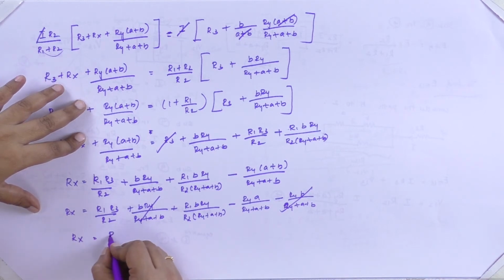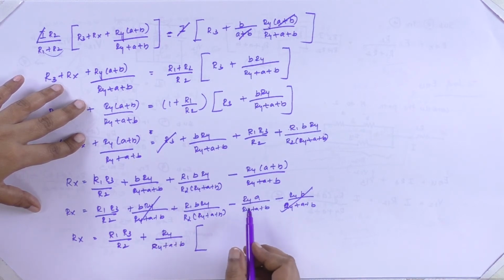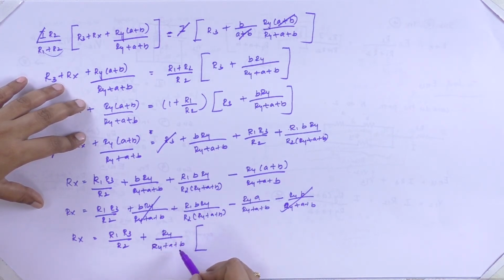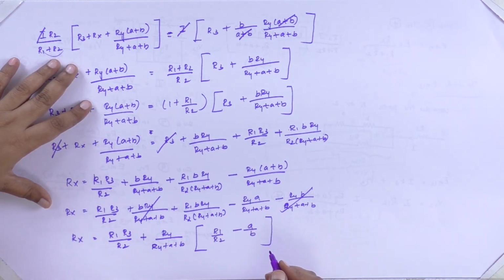By taking the common terms out, Rx is equal to R1 R3 by R2 plus Ry divided by Ry plus A plus B, taking Ry divided by Ry plus A plus B as the common term, into R1 by R2 minus A by B.